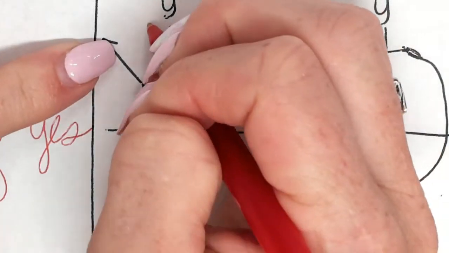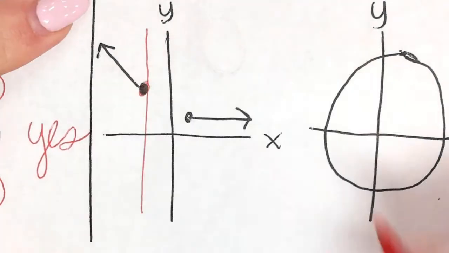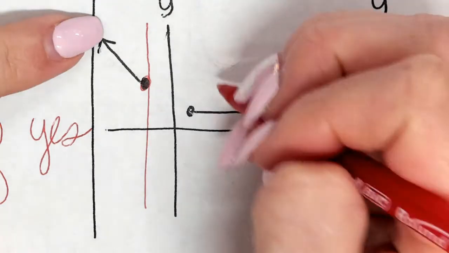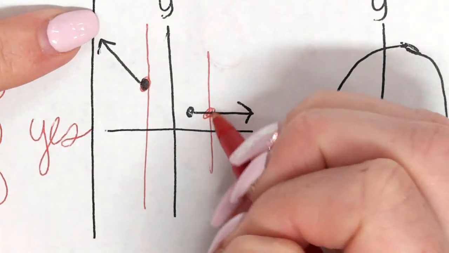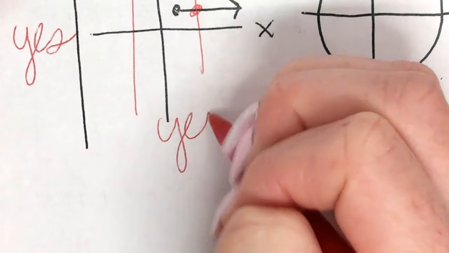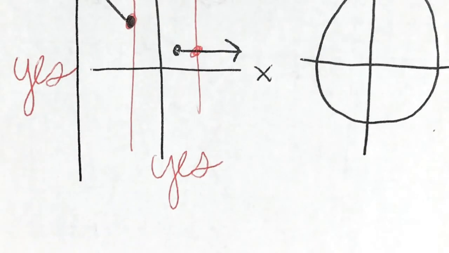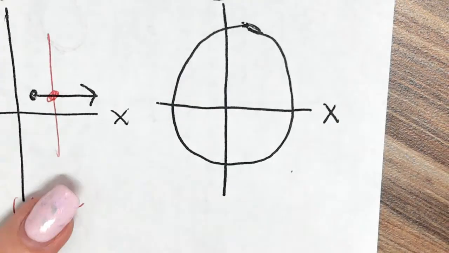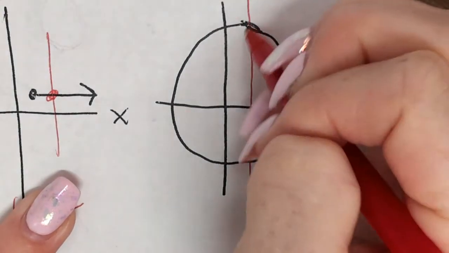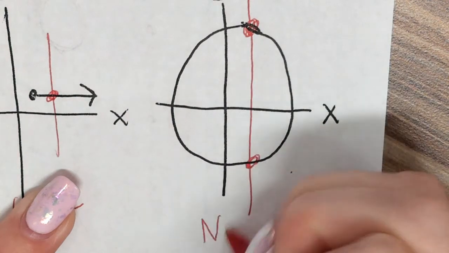Yes, because if I draw a vertical line, how many times did it touch right here? Once. What if I draw it over here? How many times did it touch? So yes, it's a function. Can it be 2 different lines? Yes, the only thing that matters is if you draw a vertical line, it can only touch at one spot. Okay, and then how about this last one, this circle? No, because it's going to touch 2 times.